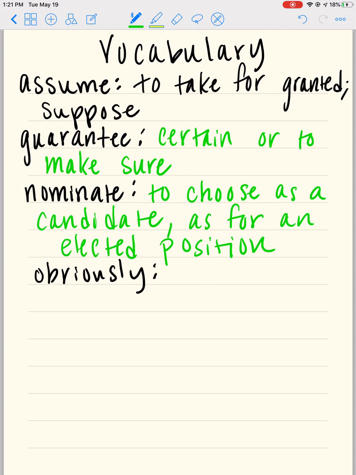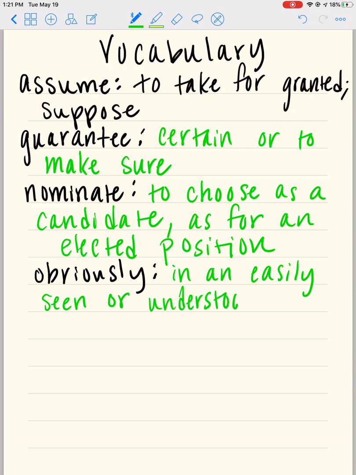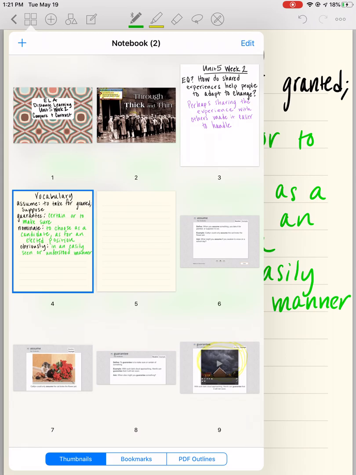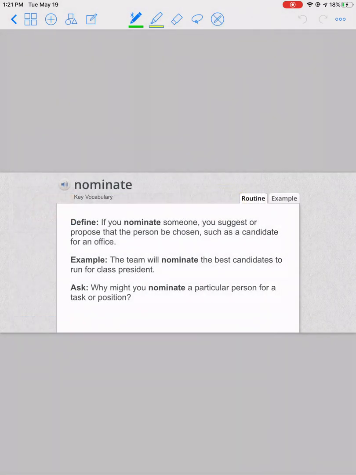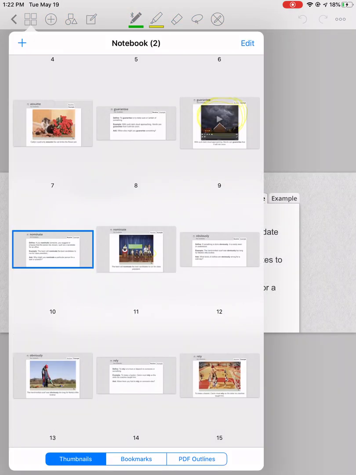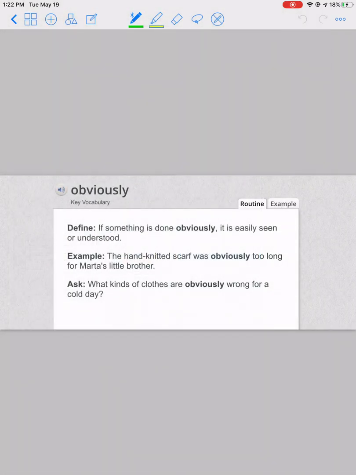Obviously, easily seen or understood manner. If something is done obviously, it is easily seen or understood.